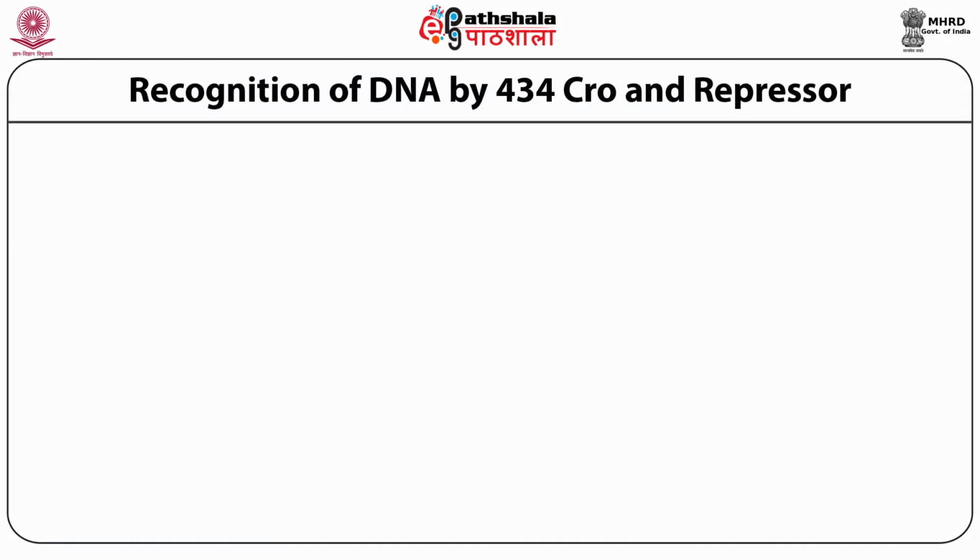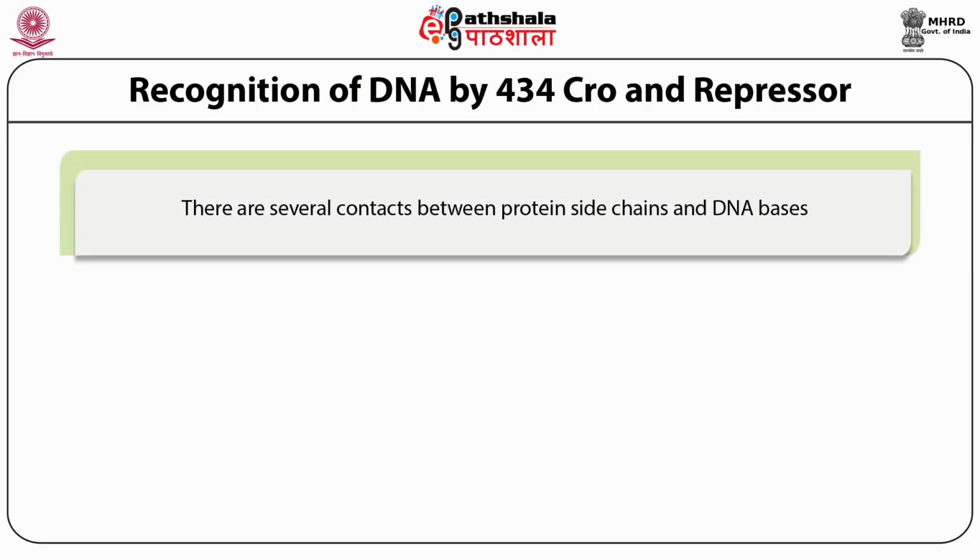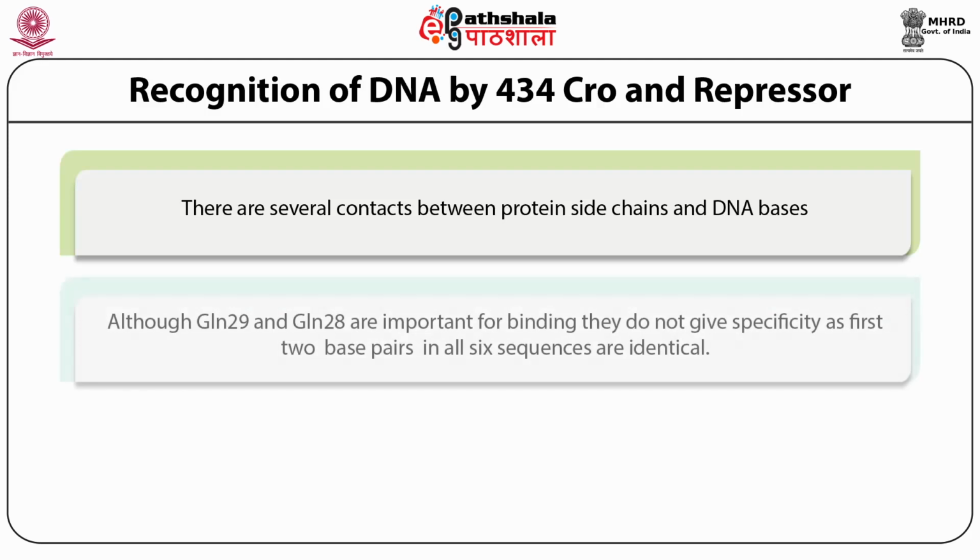Recognition of DNA bases by 434 Cro and 434 repressor. There are several contacts between protein side chains and DNA bases. Although GLN29 and GLN28 are important for binding, they do not give specificity, as the first two base pairs in all sequences were identical.